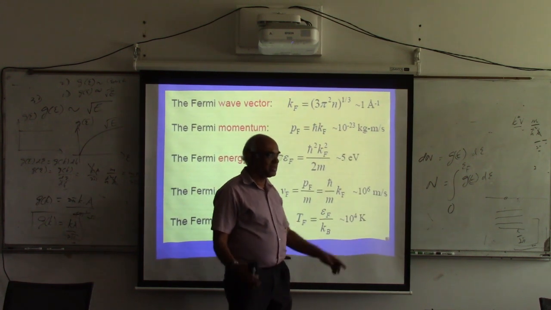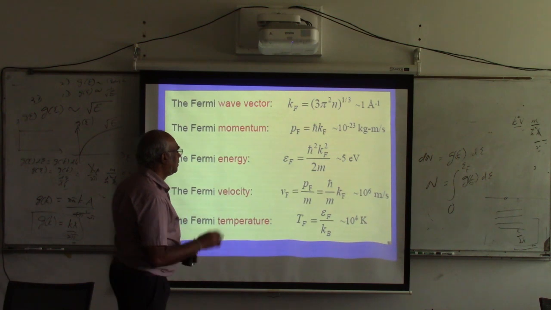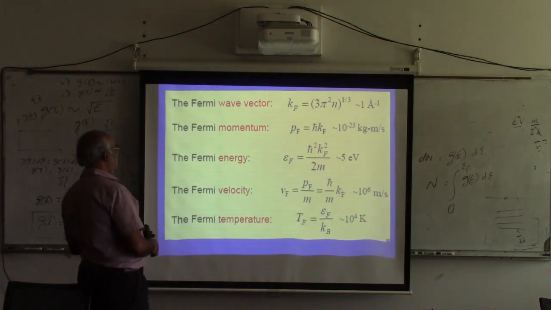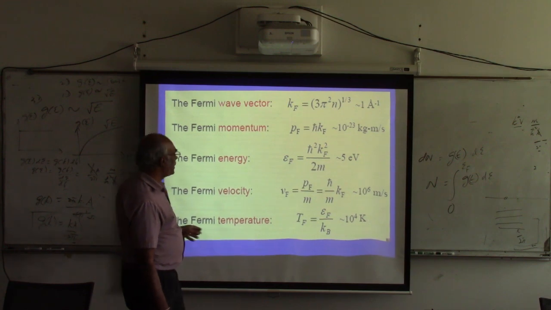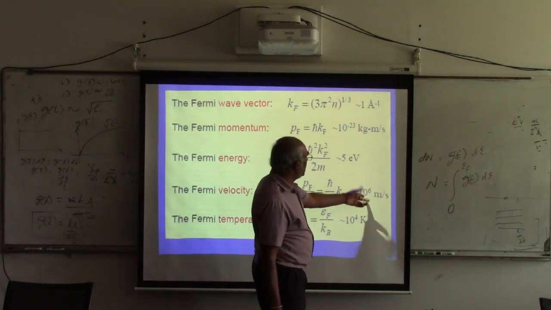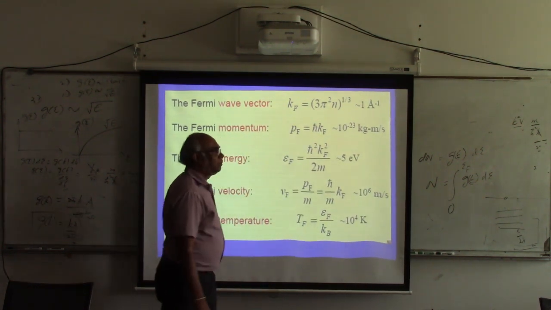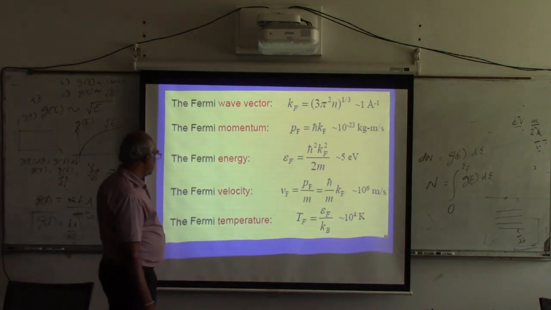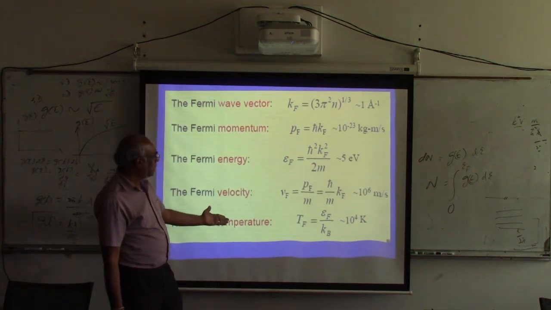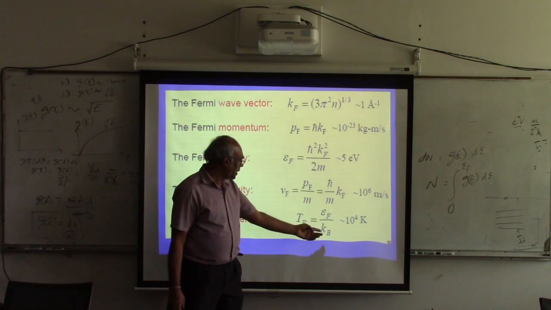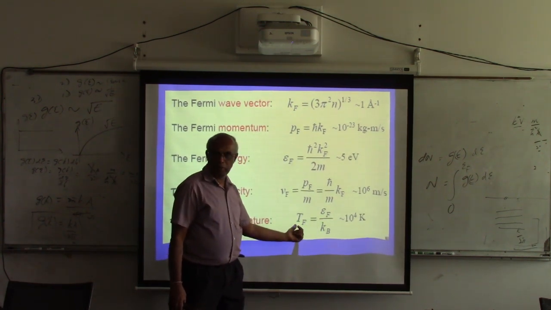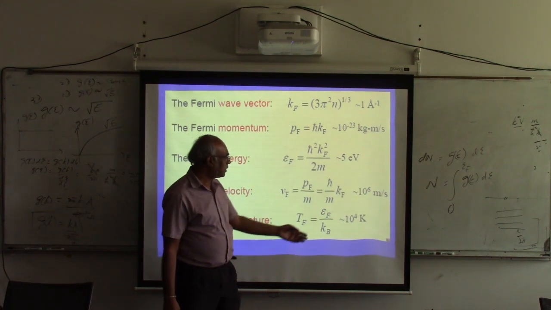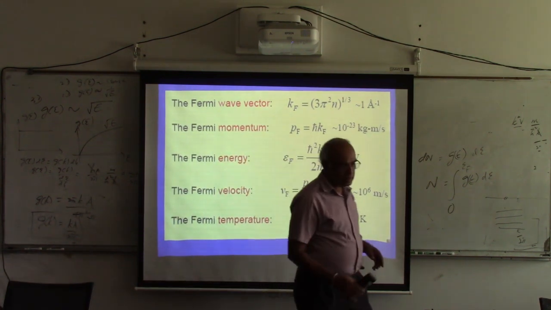That's why graphene is considered one of the very high mobility materials for electrons. Typical metals have Fermi velocity of mega meters per second. Then the Fermi temperature: if you know EF, typically we define TF as E equals kT, right? These are typically like 10,000 Kelvin.